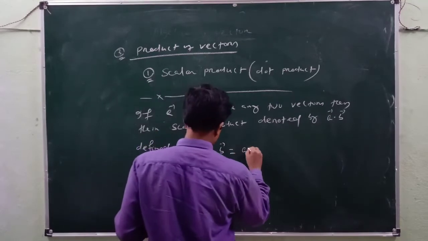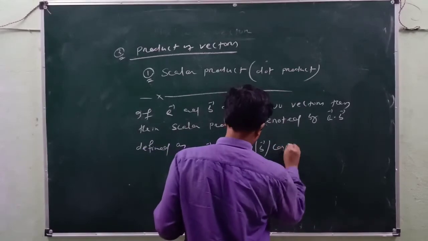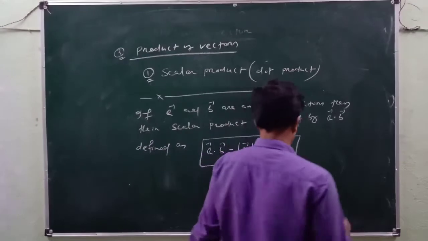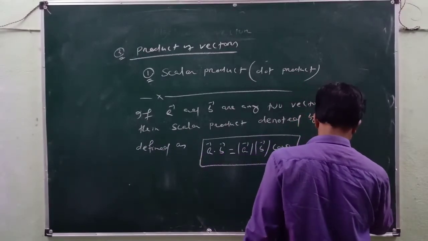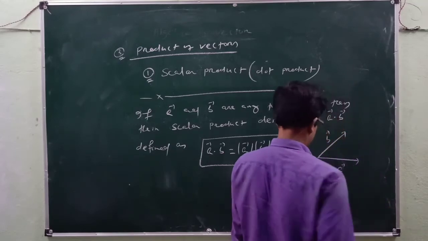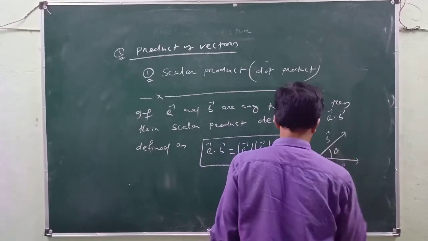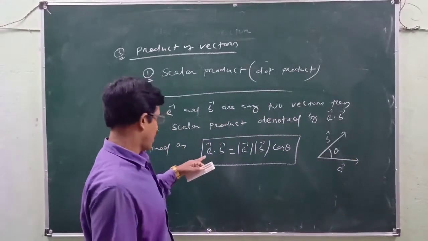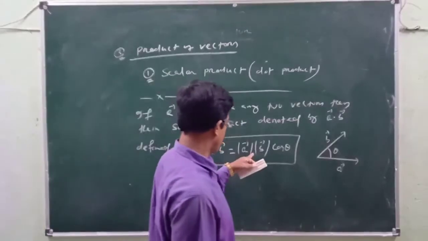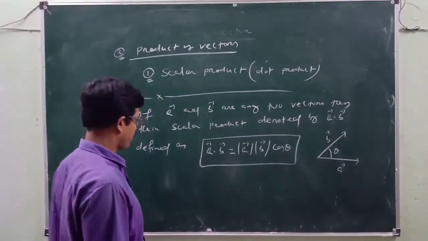It will be magnitude of A vector, magnitude of B vector into cos theta. Remember what is theta? Theta is the angle between A vector and B vector. You take the angle between A and B as theta, then you will get A vector dot B. That means scalar product of A and B will be magnitude of A into magnitude of B into cos theta.